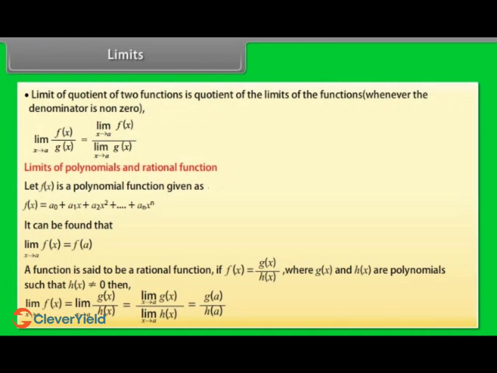Then limit x tends to a of f of x is equal to limit x tends to a of g of x by h of x is equal to limit x tends to a of g of x by limit x tends to a of h of x is equal to g of a by h of a.